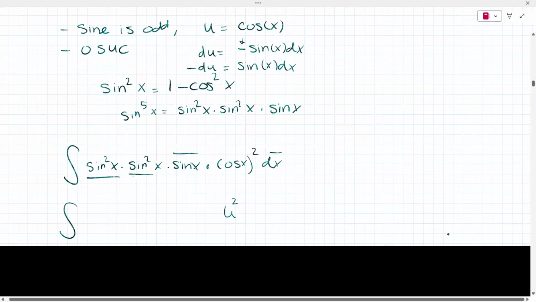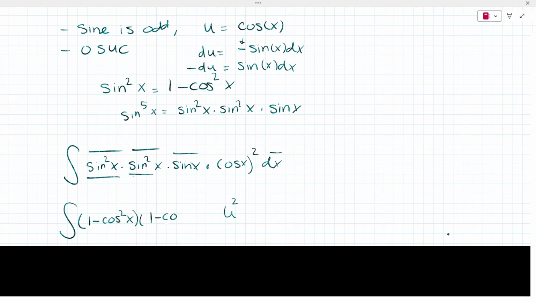Okay. Then what we're going to do is replace the sine square of x with 1 minus cosine square of x. And then we said that u was cosine of x, so cosine of x to the second power is the same thing as u squared. And then you have this extra sine of x dx, which we said is equal to negative 1 du.